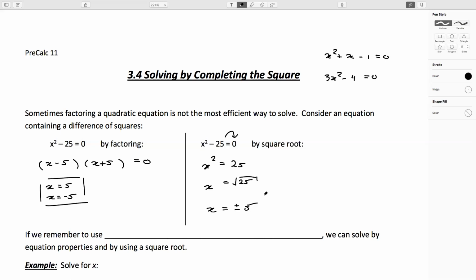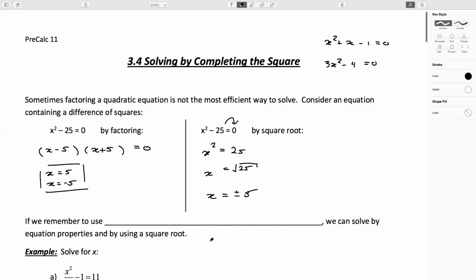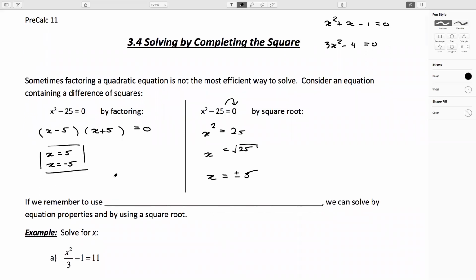And we get exactly the same answer either way. If we remember to use both the positive and negative root, we can solve the equation using the square root, and it will save us a little bit of time, sometimes.